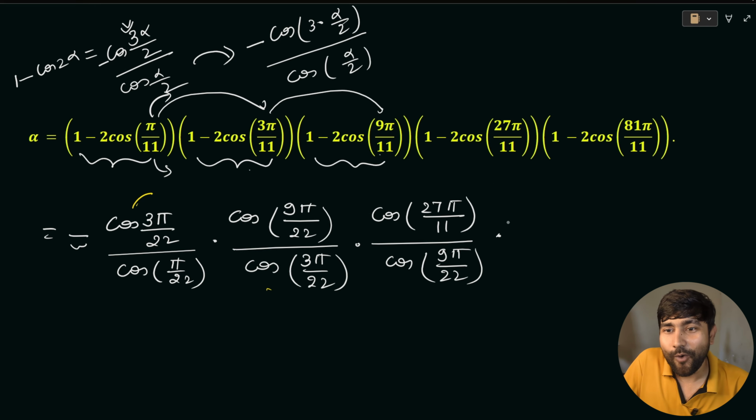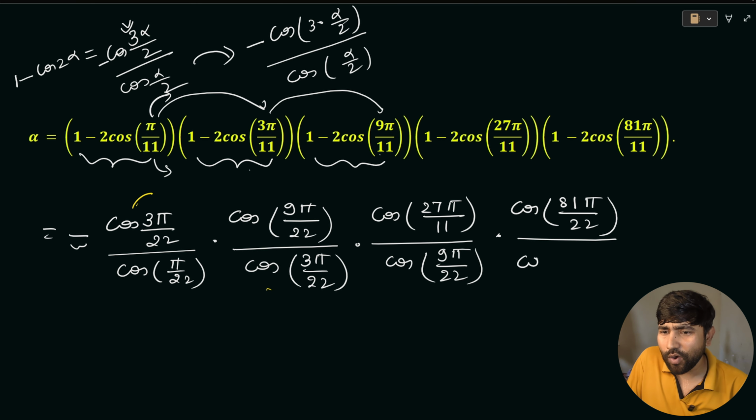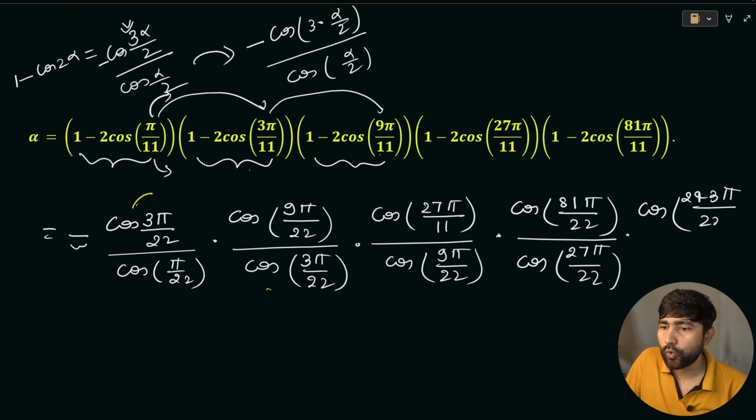So what will be 1 minus 2 cos 27 pi by 11? That will become cos of 3 times 27, which is 81 pi upon 22, upon cos 27 pi upon 22. And last we'll get cos 3 times of this one, that is 243 pi upon 22, upon cos of how much, alpha by 2, that will become 81 pi upon 22.